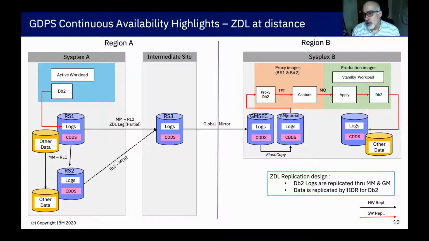So here we can now go effectively unlimited distance with zero data loss, as long as you don't lose both sites in region A.